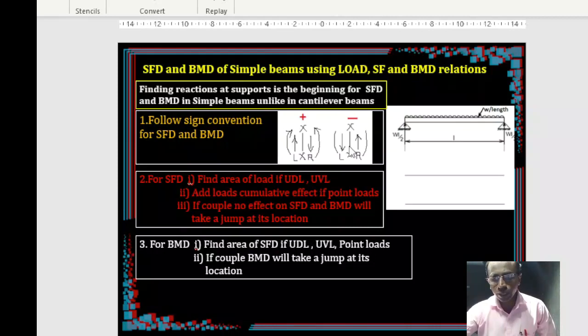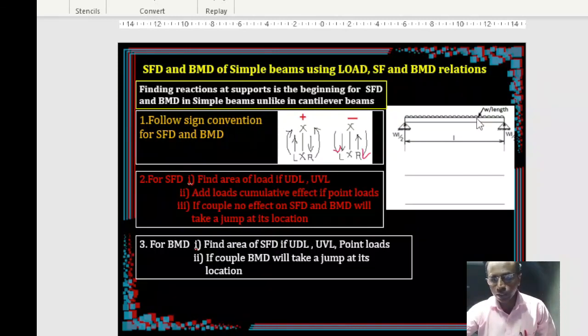On the left of the section, downward shear forces are negative, and on the right of the section, upward forces are also negative. Coming to the moment, when you are on the left of the section, anticlockwise is negative. When you are on the right of the section, clockwise is negative. Right? So following the sign convention, you can start constructing the shear force and bending moment diagram.